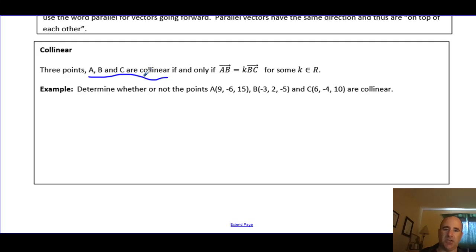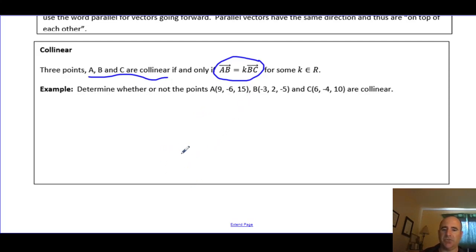So points can be collinear as well, if a line can be drawn through all of them, if and only if the vector from A to B is equal to some scalar multiple of the vector from B to C. So what we're doing is we're using vectors here, so this is the vector part, to determine something about points in space. And those points in space have nothing to do with vectors.